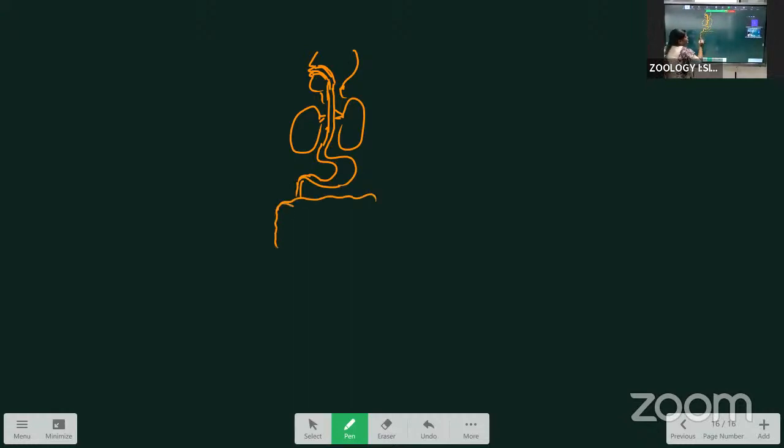It is the human digestive system. They are present in the extra-intestinal migration. They are present inside the digestive system and other parts. That's why I draw this diagram.